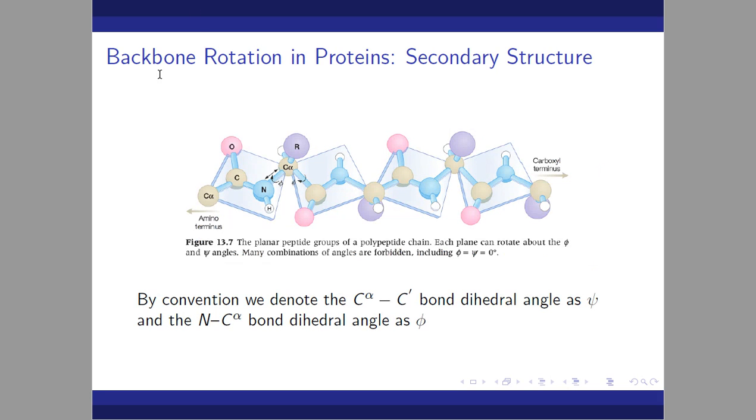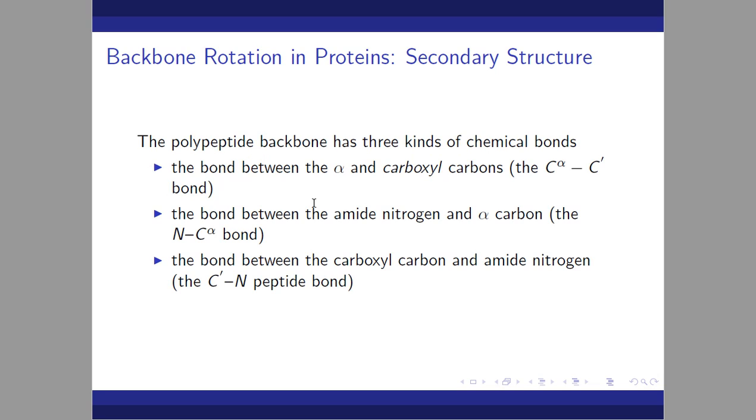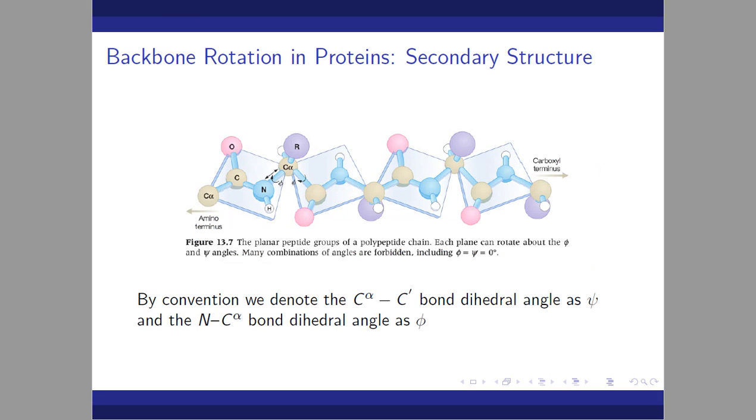From this picture you see the first one is N to C alpha, then C alpha to C prime, and also this R group, with the amino terminus and the carboxyl terminus.